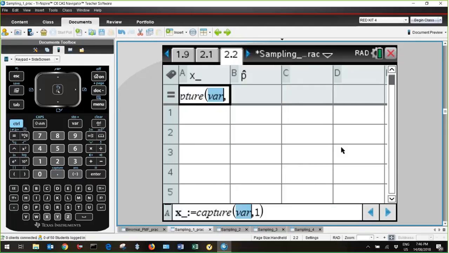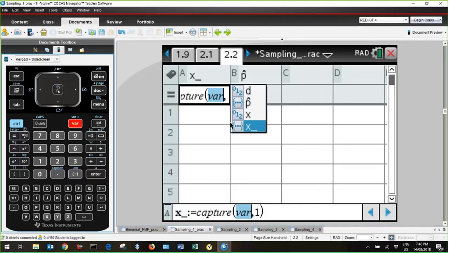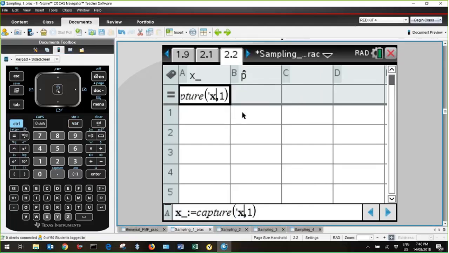So the variable I want to capture is X. The 1 is just code, meaning that it's automatic. Now, if I were to do that, I would get results that weren't perfectly accurate, because if you were to get the same result twice in a row, the spreadsheet would only capture it once, because it would say, I've already captured that value, I don't need to capture it again.